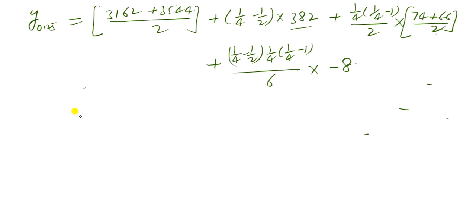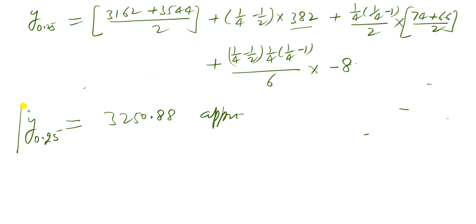Now simplify this with the help of the calculator. Then we obtain y of 0.25 is equal to 3250.88 approximately. So this is the required value, that is y at x is equal to 25.